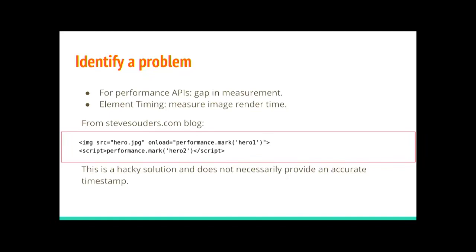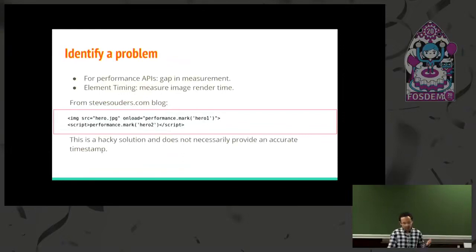So throughout the talk, I will have some screenshots from some websites to showcase what I'm trying to say. For example, here I have a screenshot from stevesouders.com, and the blog is saying how to measure the image render time. So the idea is that you have an image tag, and it contains the hero.jpg, that's your critical hero image, and it has an onload where you call performance.mark.